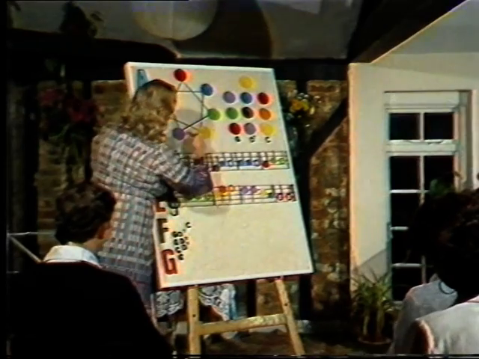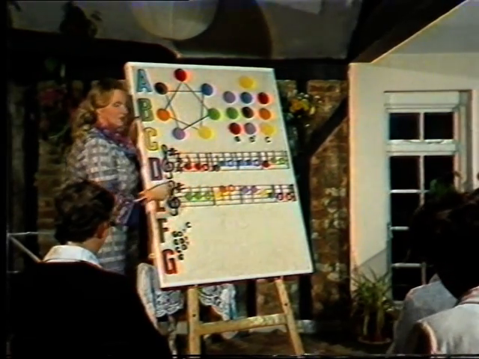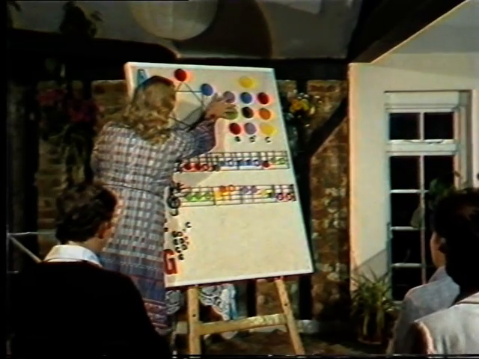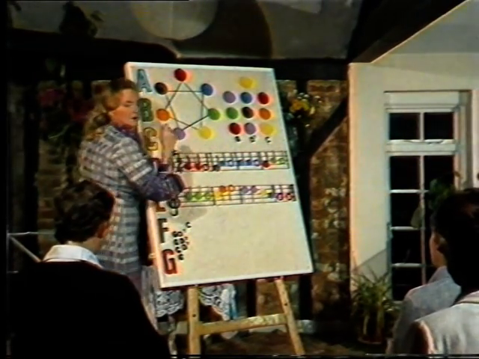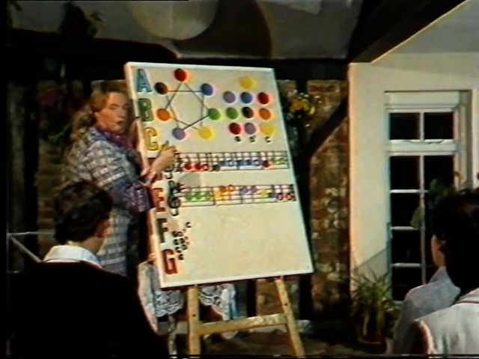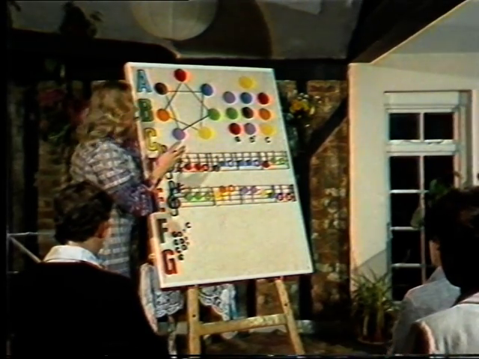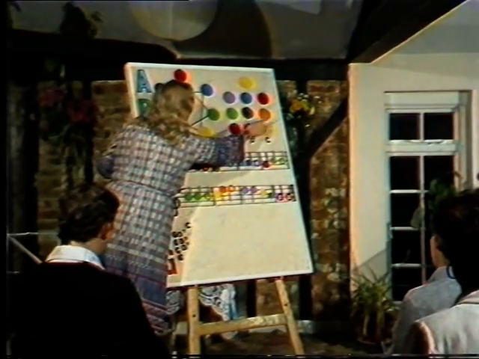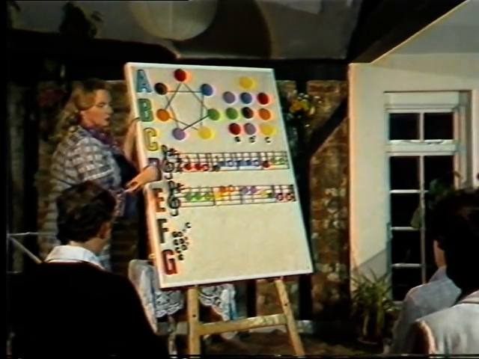Good. Now I'm going to dodge from one chord to another and see if you can hear what the sounds are like. Off you go. Now what I'm going to ask you to do though is play 1, 2, 3, 4 beats each time you see me pointing to a chord. I'll try and point just before you're due to come in to warn you a little bit.